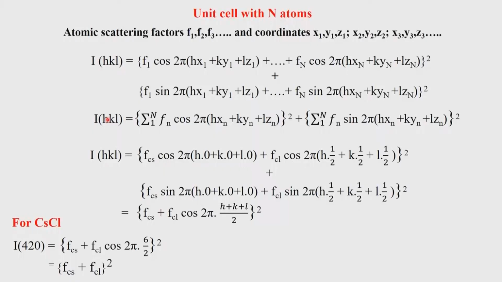Once we know the positions of the atoms, we can calculate all possible intensities that come out from the experiment. But that is not our motive. Our motive is to find out the positions of the atoms. So we have now got ourselves into a situation where if we do not have the positions of the atoms, we cannot get to the intensities. That is something we do not want to face.